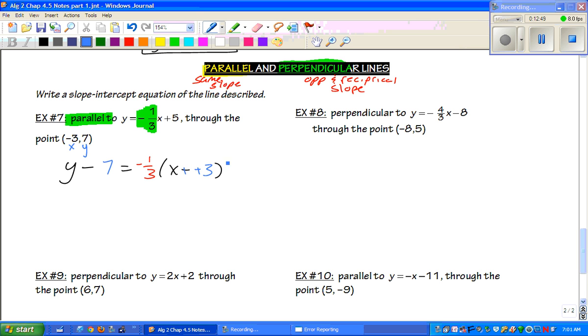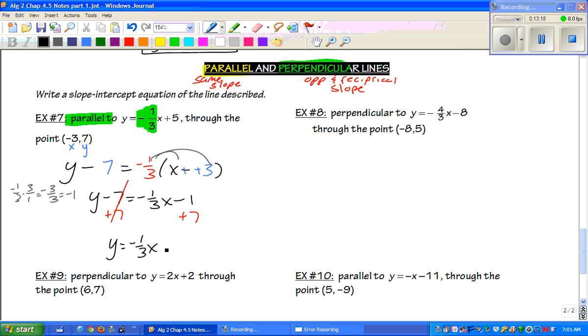Before we distribute, we have to do the clicks, and then distribute, okay? Y minus 7 equals negative 1/3 x, and then negative 1/3 times 3 over 1, which is negative 3 over 3, which is negative 1. Okay. Add the 7 to both sides, and you get y equals negative 1/3 x plus 6.